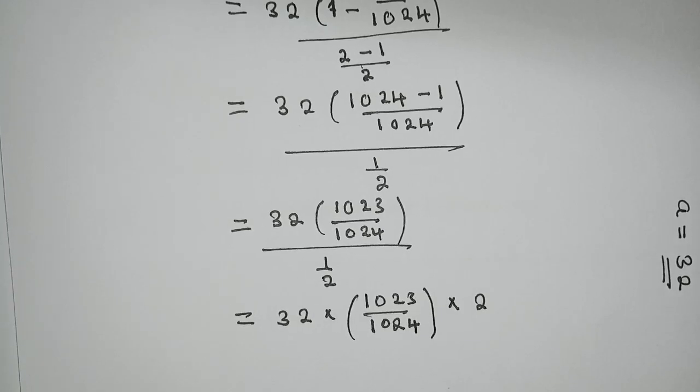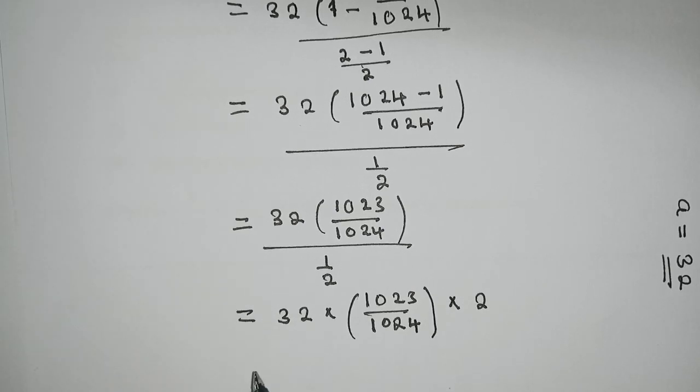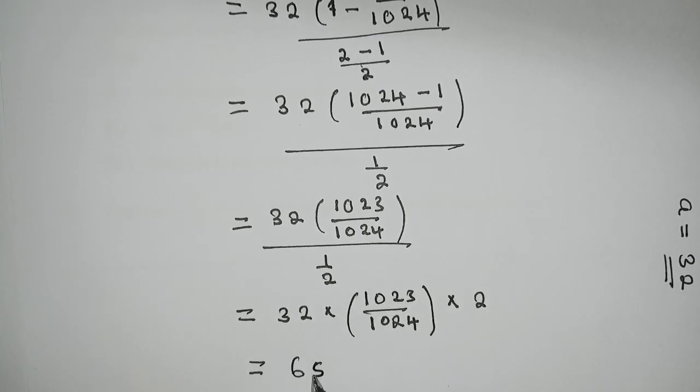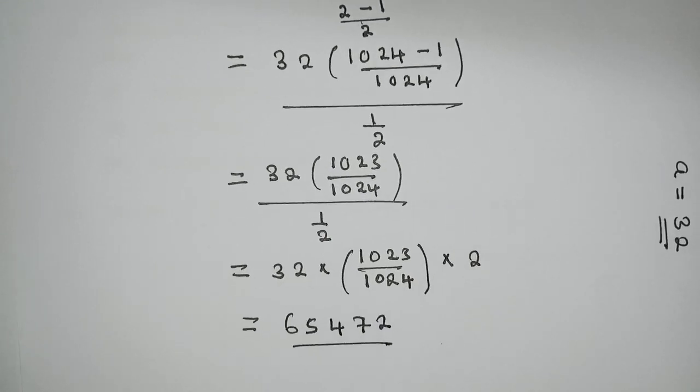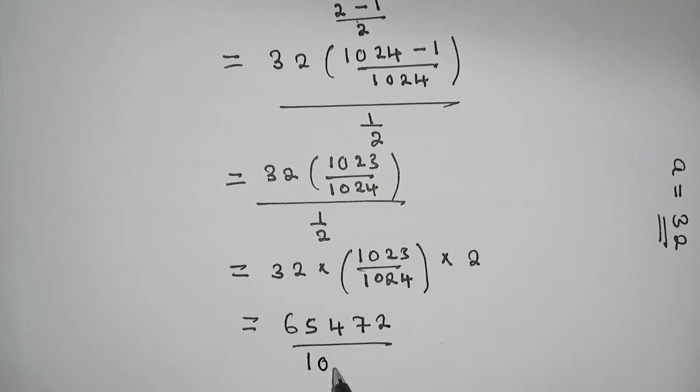So we can say 32 times 1023 times 2. We're getting 65,472 over 1024.